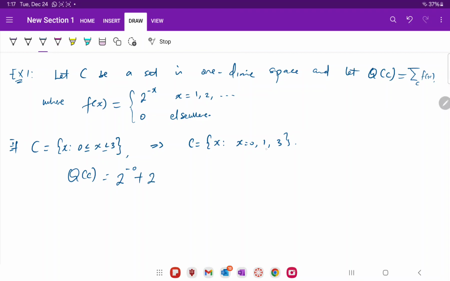So that means that in our support we have this to be 0. Our support here starts from 1, but this is 0, so this means this will be 0. Okay, then when x is equal to 1, we have 2 minus 1, x is 2, and x is 3. So if we sum this up, we have 7 over 8.